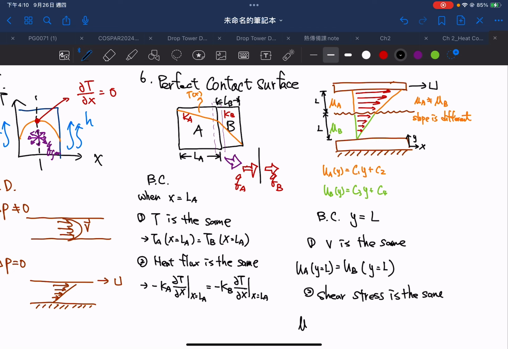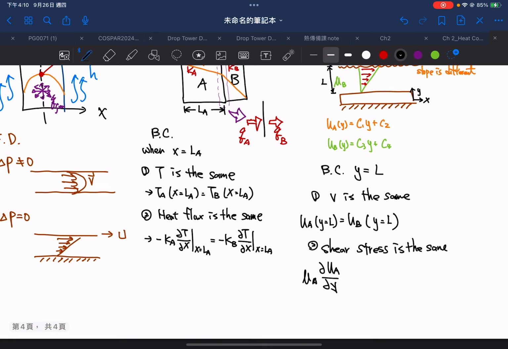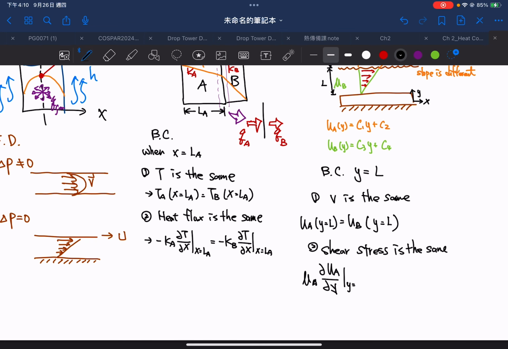We take the definition of the shear stress, mu A partial U_A partial x. Oh, no, it's y in this direction. At y equals L, equals mu B partial U_B partial y at y equals L. See, those two are very similar to each other.